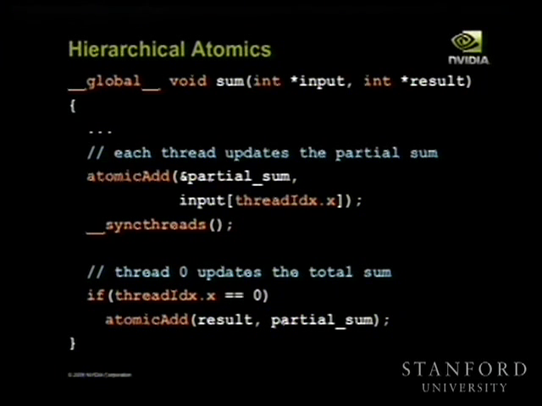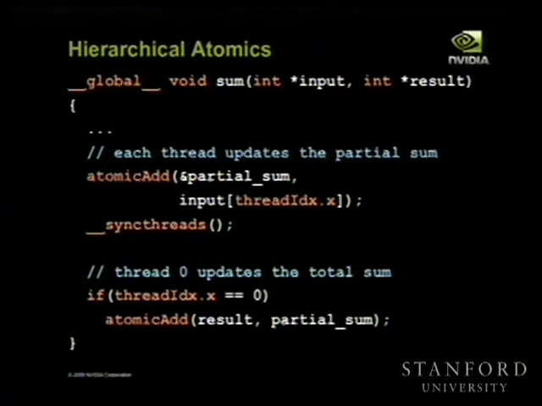And then finally, it's poor thread 0's job to update the final total sum using the partial sum that we computed per block. So you can ask, what is the scale of contention for that result variable, and what is the scale of contention for the partial sum? Well, if each one of our thread blocks has 4 threads in it, only 4 threads are going to compete when the atomic add happens to the partial sum.